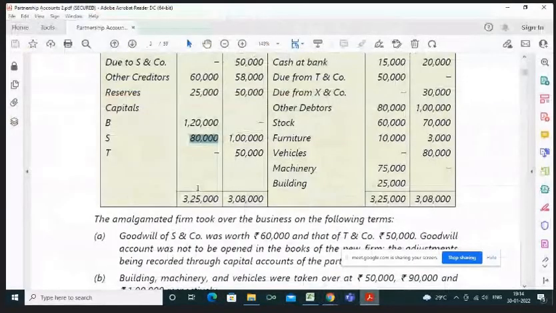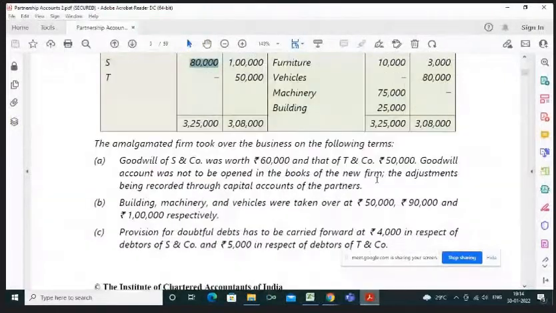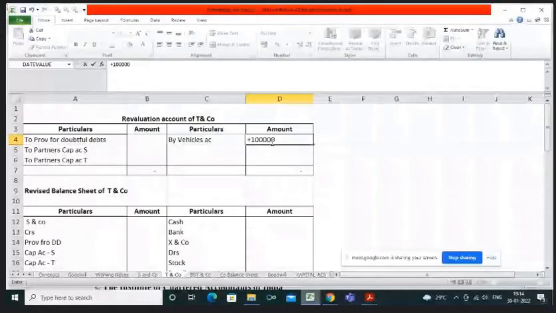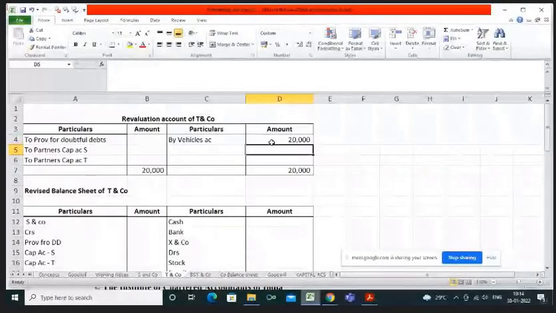In the case of revaluation in T and Co, only vehicles are taken over at a different value. The book value is 80,000, but they are taking over at a value of 1 lakh. So there is a revaluation profit of 20,000.